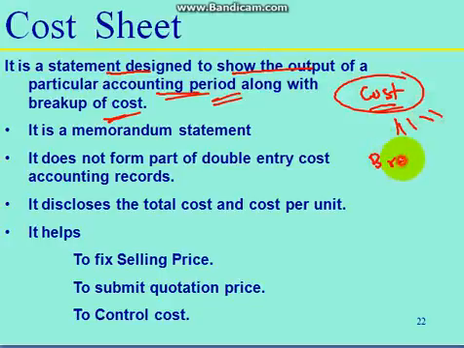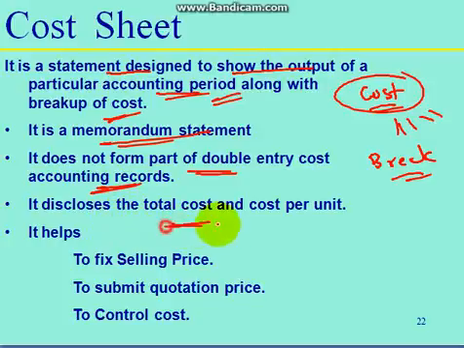It becomes easy for managers to control the cost. It is nothing but a memorandum statement, and it does not form part of double entry cost or accounting records. It actually discloses the total cost and cost per unit. So two things we get from the cost sheet: the cost per unit and the total cost.